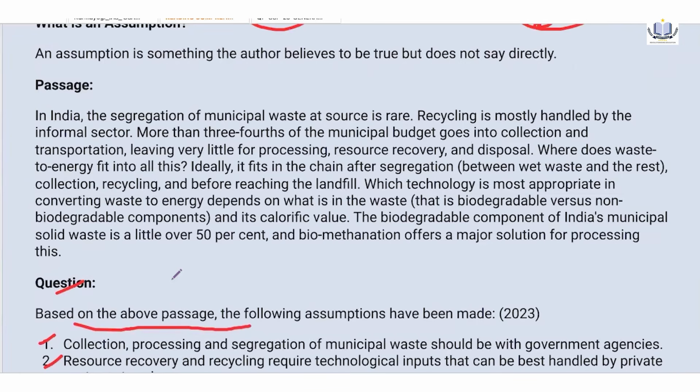Which technology is most appropriate in converting waste to energy depends on what is in the waste. Is it biodegradable or non-biodegradable? And its calorific value. The biodegradable component of India's municipal solid waste is a little over 50%, and biomethanation offers a major solution for processing this. So what they are talking about is waste to energy, etc., lofty ground. But the hidden belief of the author is that everything will fall down if we are not segregating waste in a proper manner.